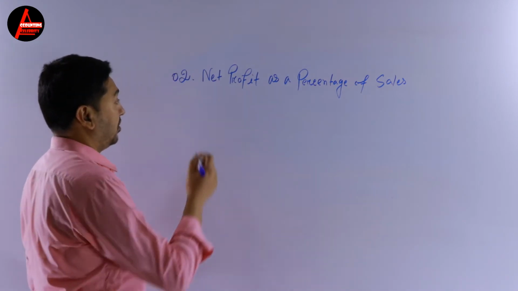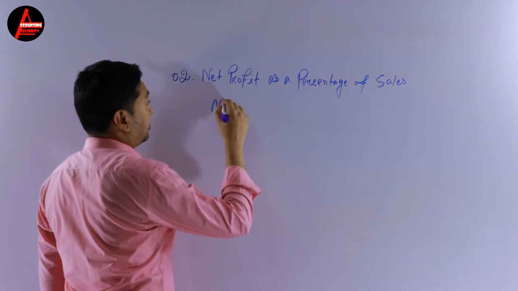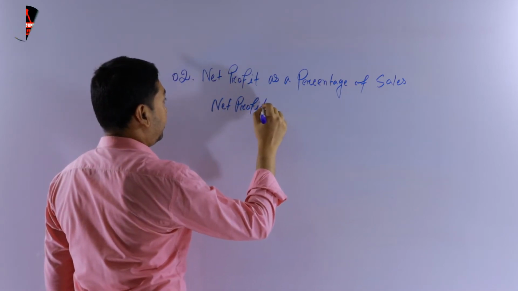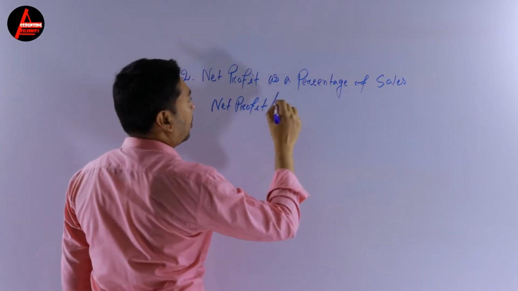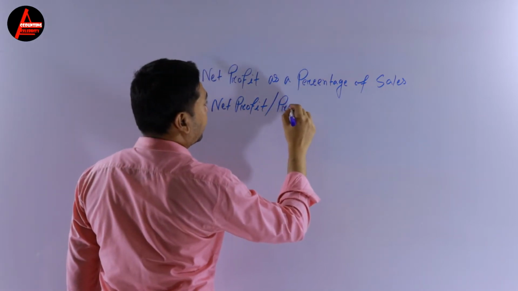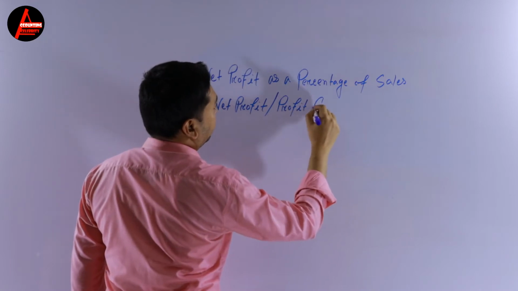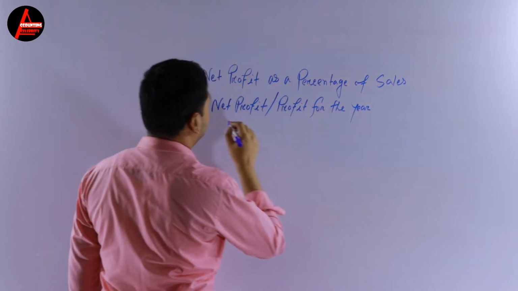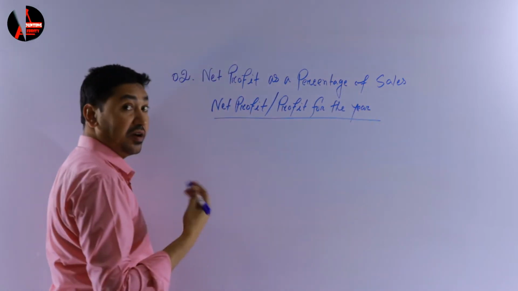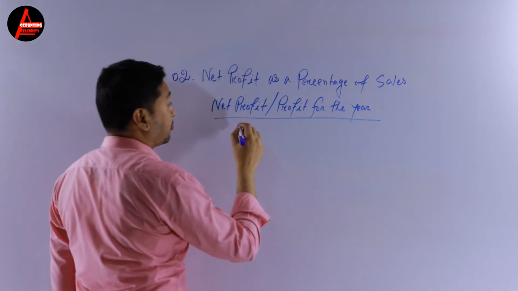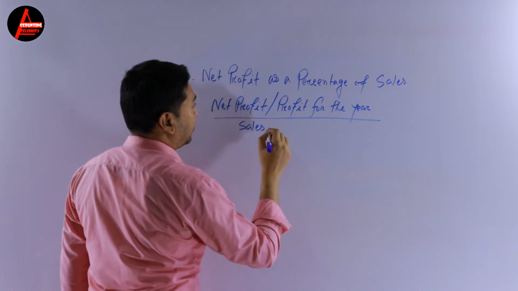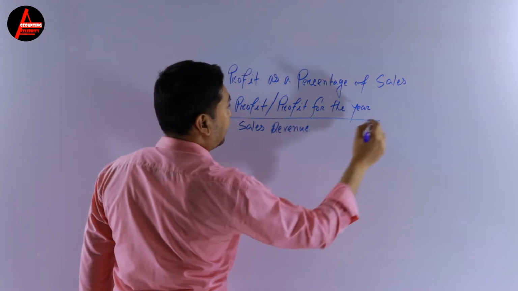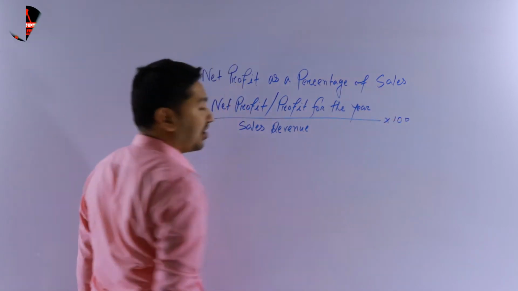So what is the formula? It is net profit or profit for the year divided by what? If you say sales revenue, you are correct. Times 100.